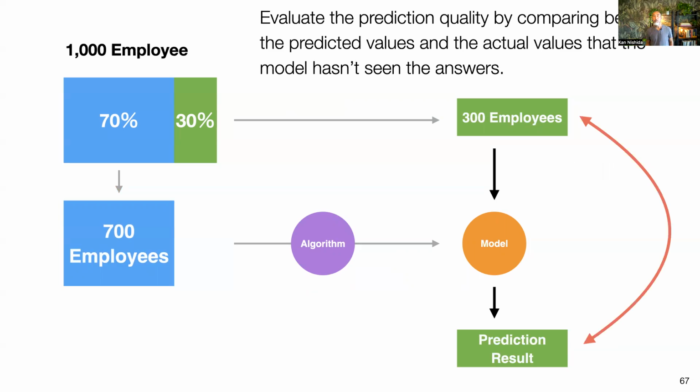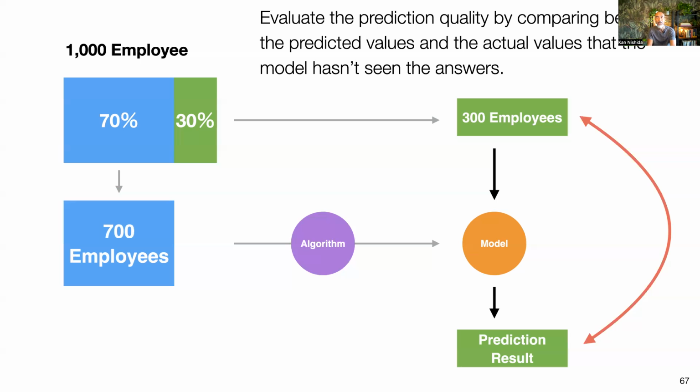From here, compare these two, the prediction result and the original 300 employee data. The cool thing about this test data is that there is an answer, such as maybe income, or in our demo, attrition information. So we can have those two and see whether they match or not, how far off they are, and so on.